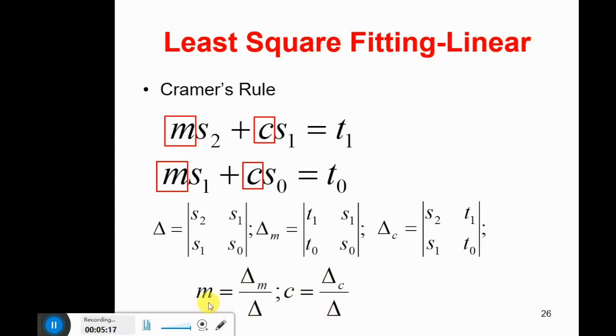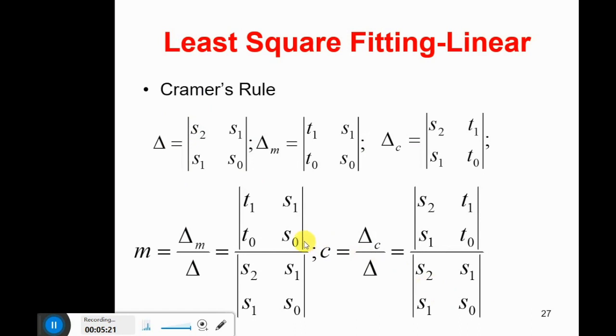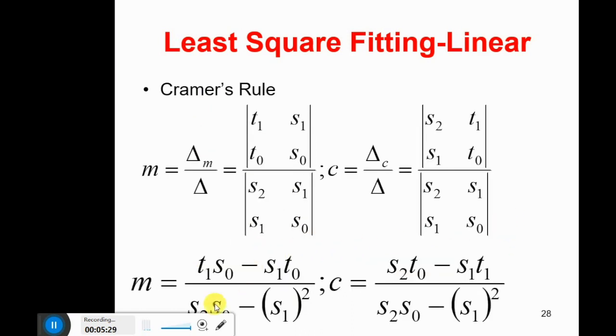So here you can look at M as a ratio of two matrices, sorry, determinants. So M is equal to this determinant upon this determinant, and finally you can solve this determinant: M equals T1 S0 minus T0 S1 and so on.